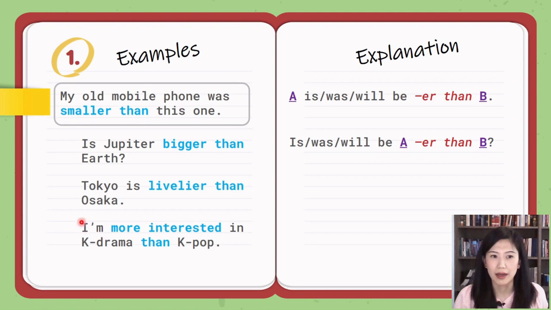When you are talking about a person, comparing two things, for example, K-drama and K-pop, here you have to balance the two things that you are comparing to the left and to the right of then. So the format looks a little bit different. Another example, I'm more interested in English than Spanish. That's just me. How about you? What are you more interested in?